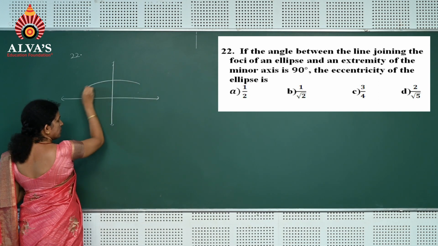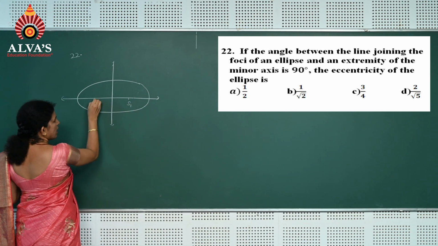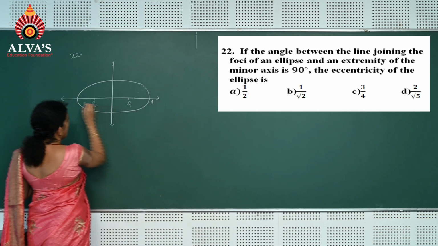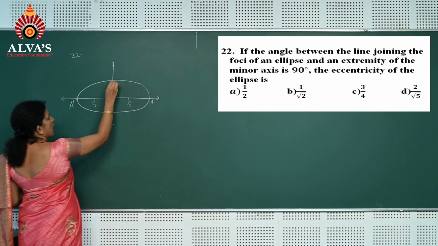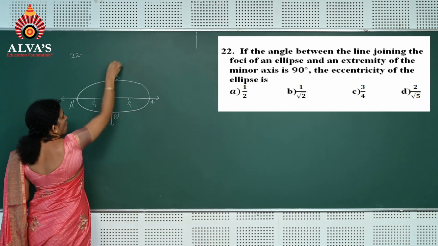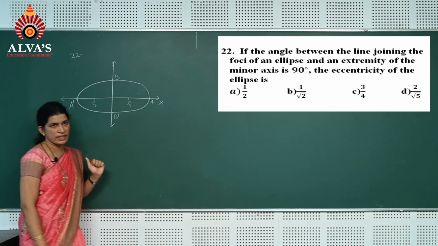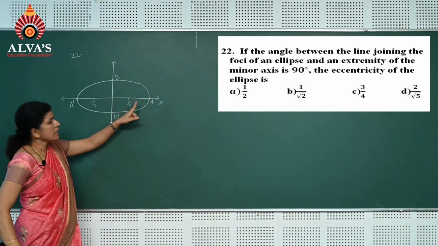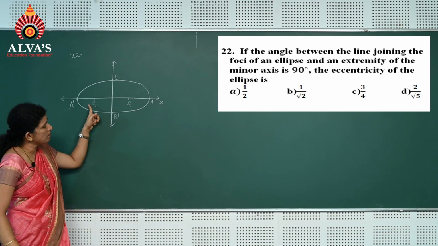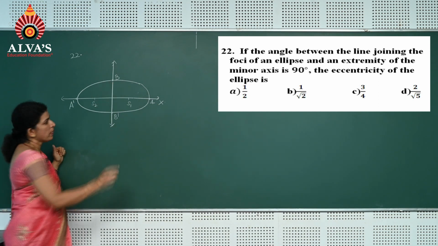Come to the ellipse. I am taking S1 and S2 as the foci, and this is A, and this point I am taking as A dash, and this one is B, and this one is B dash. The y axis is the minor axis and the x axis is the major axis. The angle between the line joining the foci of an ellipse and the extremity of the minor axis is 90 degrees.